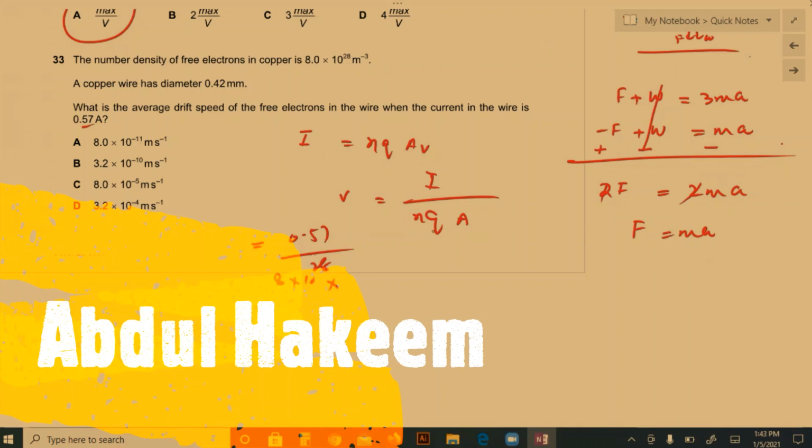The charge of the electron is 1.6 into 10 power minus 19, and the area is pi by 4 times diameter squared, and the diameter is 0.42 into 10 power minus 3, then squared. So after the calculation, you will get the answer 3.2 into 10 power minus 4, which is the option.